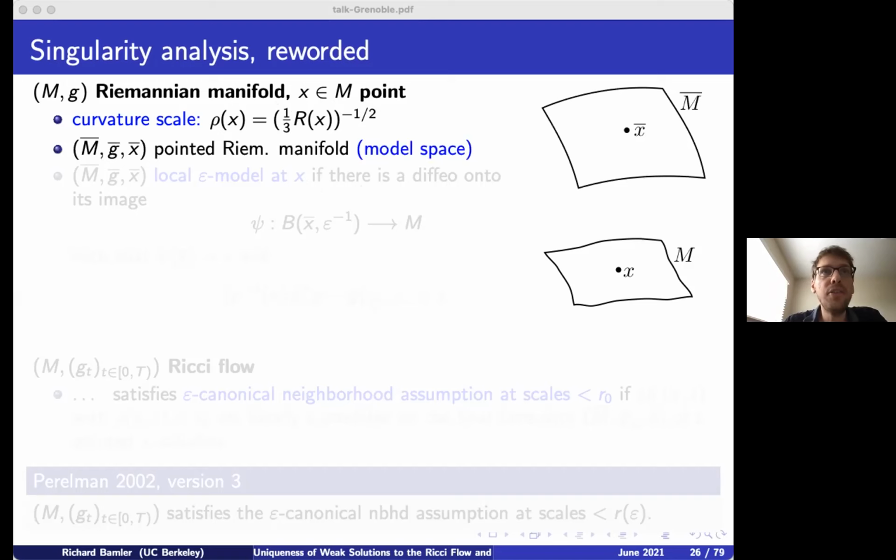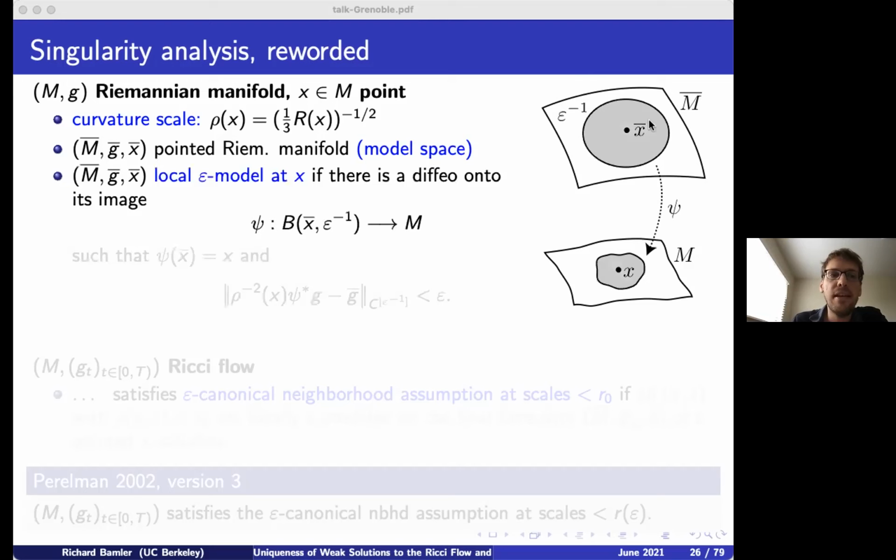Then what I want to do now is understand the geometry near this point X at scale rho. And I'll do this by fixing some model metric, M bar, g bar, with some base point X bar. Again, it's some pointed Riemannian manifold, which I call the model space.